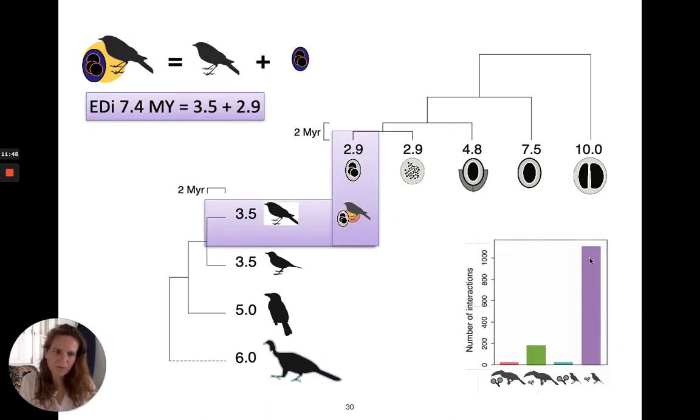So for example, considering these functional groups of the small interactions, we know from our analysis as well that the smaller bird species and the small diameter plant species tend to be more recent in their clades, so their combination would result in lower values of EDI.